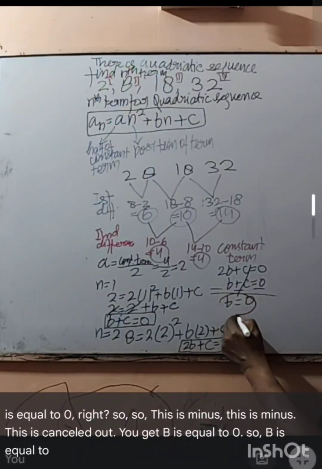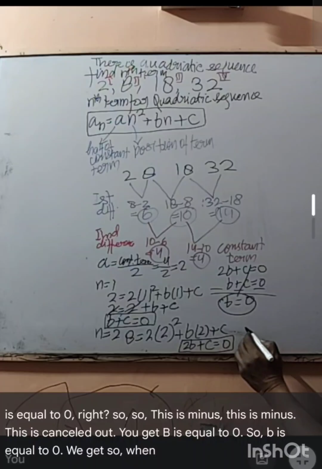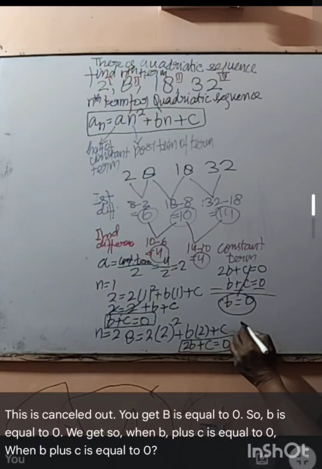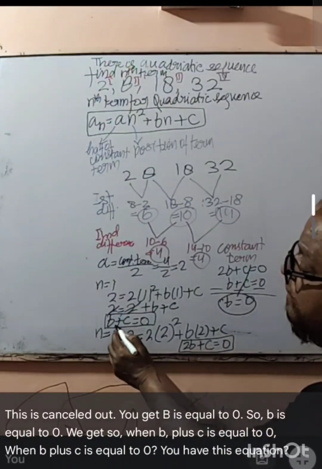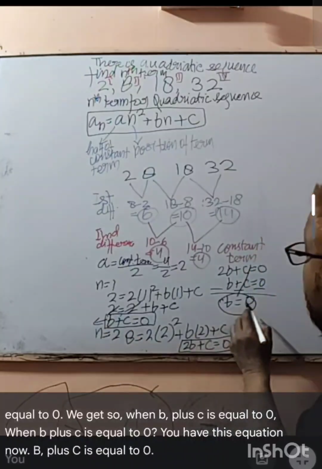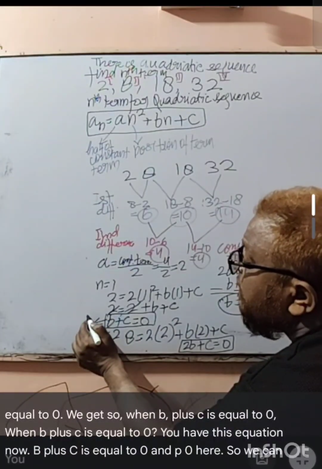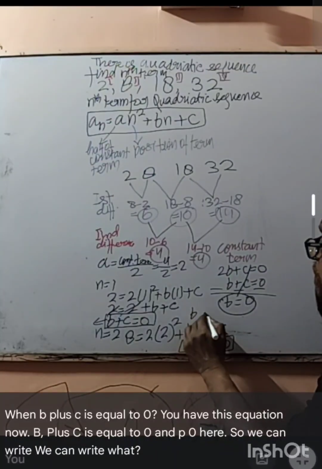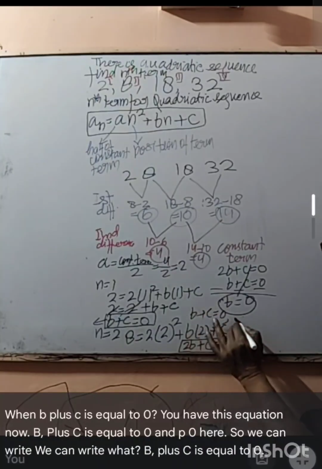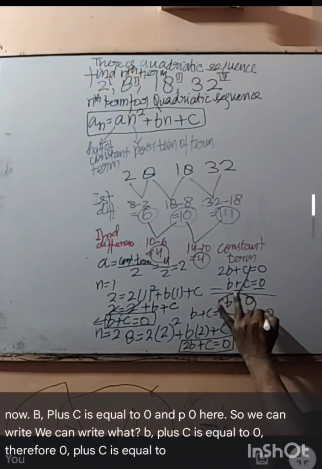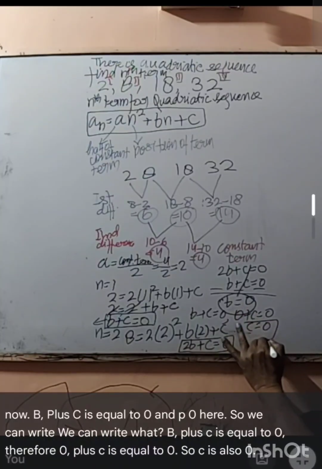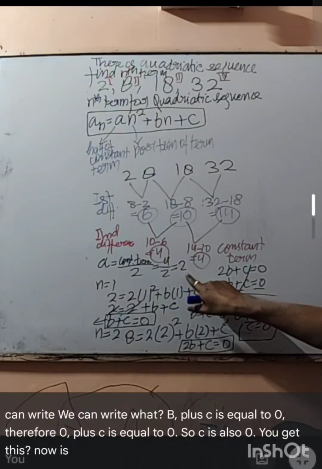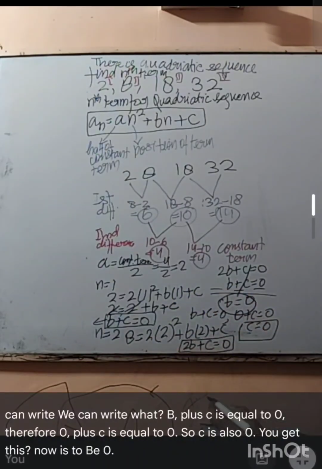So when b plus c is equal to 0 and b is 0, then 0 plus c is equal to 0, so c is also 0. Now A is 2, B is 0, C is 0.